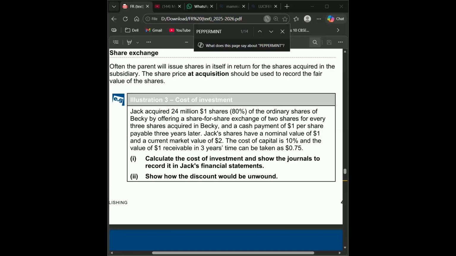So, what is our first requirement? Calculate the cost of investment and show the journals to record it in Jack's financial statements. So, can you guys do it on your own or do you want me to work it out?